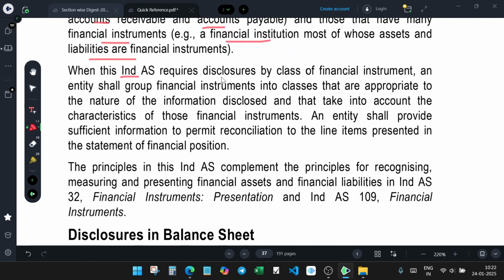When the NDA requires disclosure by class of financial instrument, the entity shall group instruments into classes that are appropriate to the nature of the information disclosed, taking into account the characteristics of the financial instruments. The entity shall provide sufficient information to permit reconciliation to the line items presented in the statement of financial position. The entity must give sufficient information.